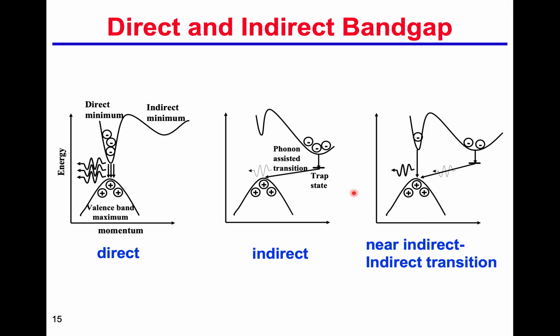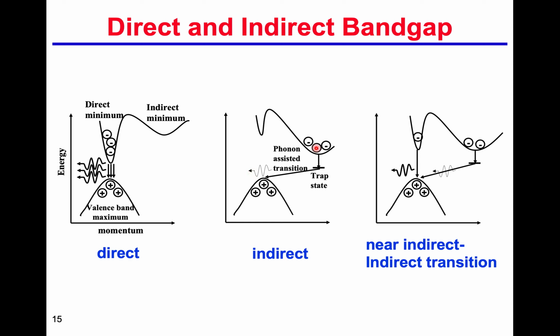And this figure shows you the direct and indirect band gap. As I said before, the minimum of the conduction band coincides with the maximum of the valence band in K space, so that the electron from the conduction band goes to the valence band and emits the light.